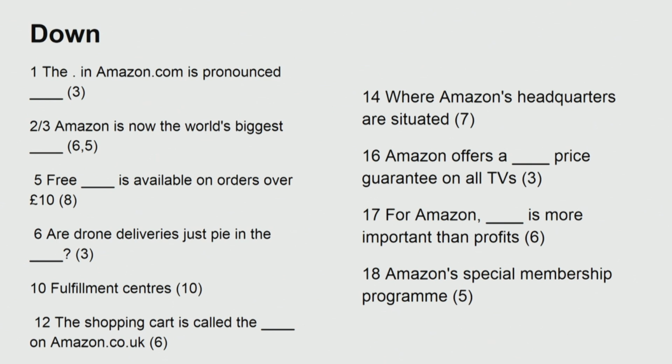Number 14, where Amazon's headquarters are situated, 7. Number 16, Amazon offers a dash price guarantee on all TVs. 17, for Amazon, dash is more important than profits. 18, Amazon's special membership program, 5 letters.